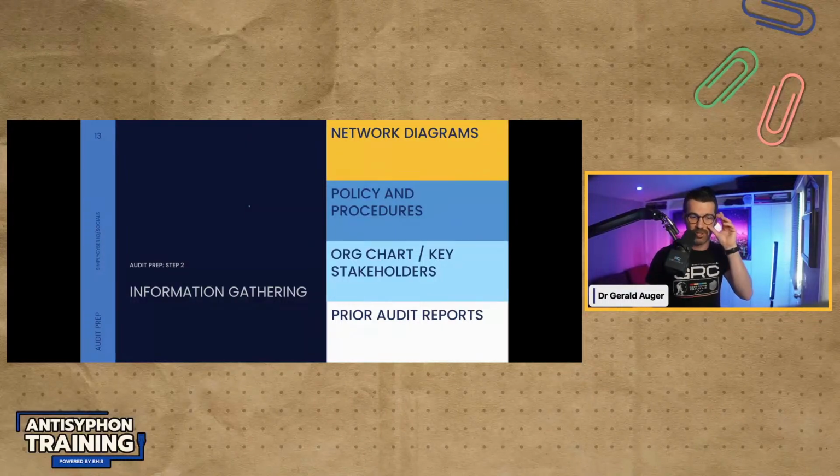And by the way, the org chart's super useful. If someone's not playing nice, someone's giving you the old take-a-hike kind of thing, you can use the org chart to figure out who their boss is, and then kindly ask, depends on how snarky you want to be, but you could ask their boss to join the meeting and say, I need to talk to someone about how user accounts are processed, and I haven't been getting much success with Carl, so I assumed that you're the person I should be interviewing.